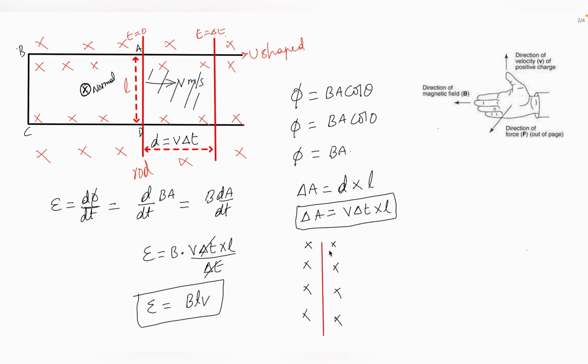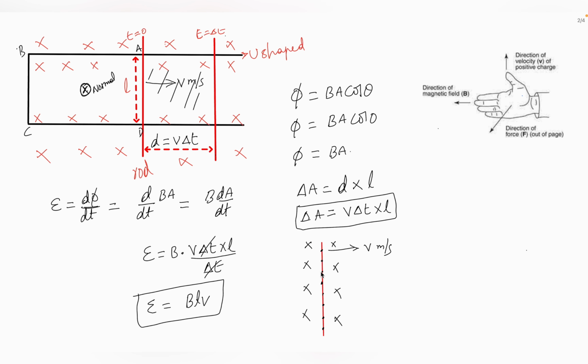As this rod is moving to the right with v meters per second, we can assume that the electrons in the rod are also moving to the right with the same velocity v meters per second.